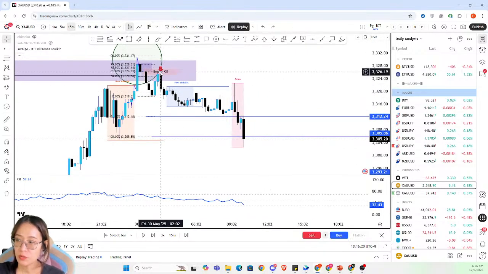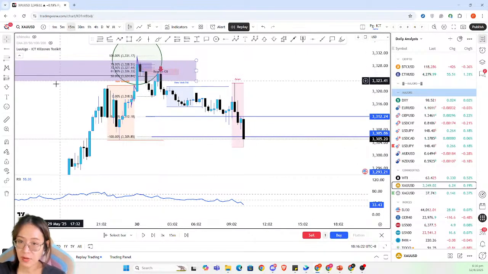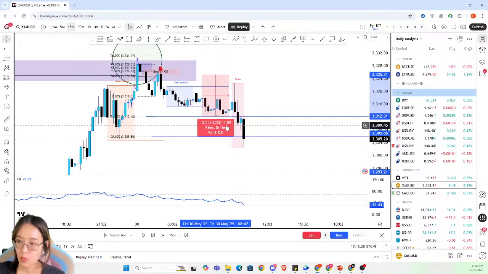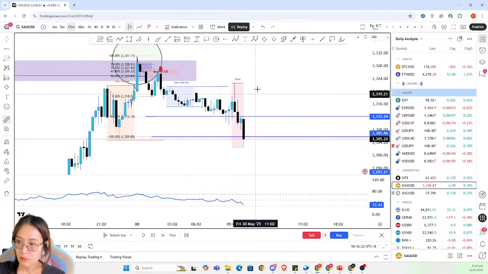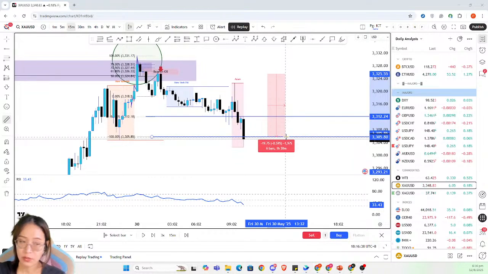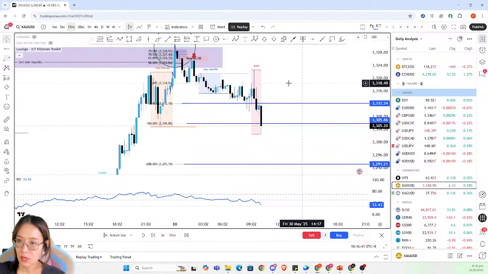So you were to hold the sell from 3325 to right here. TP1 at like, just say 130 pip. And TP2 here, if you were to hold, let's just say almost like 200 pip, right? 200 pip.